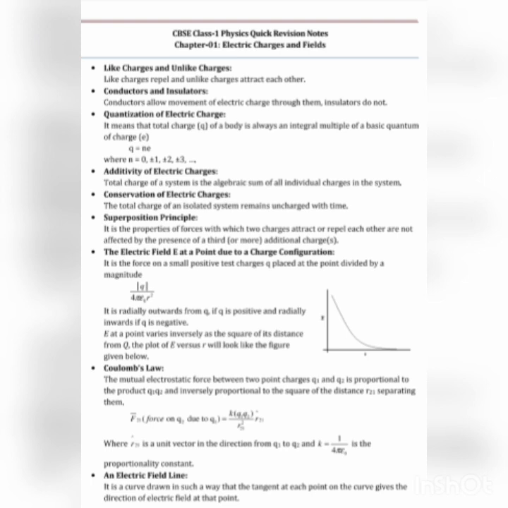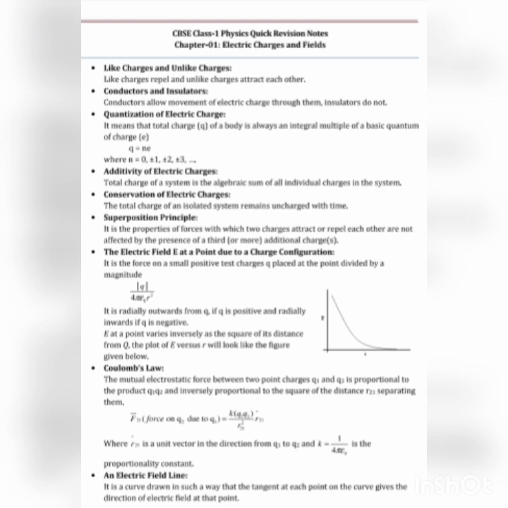Therefore, a body containing 10 electrons will have a total charge of 16 into 10 to the power minus 19 coulomb. Q equals n e, where n equals 0, plus minus 1, plus minus 2, plus minus 3.